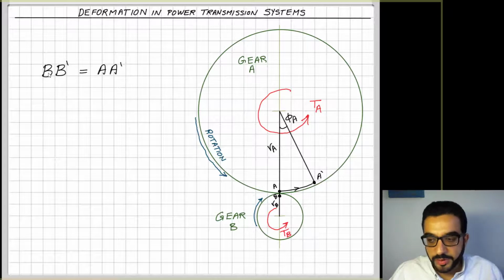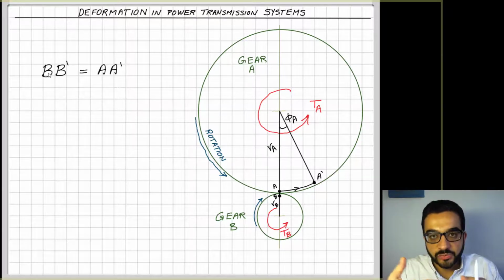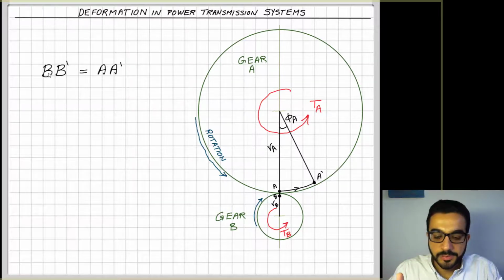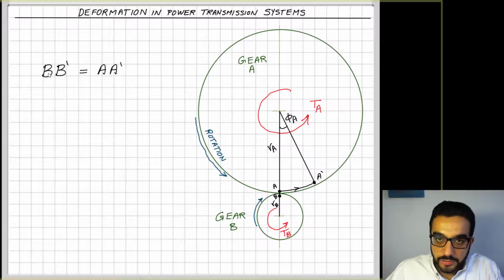So that interaction between the two gears causes the distance traveled by a point on one gear to be equal to the distance traveled by the equivalent point on the other gear. These distances are arcs in the bigger circle of A and also the other circle B. An arc in a circle is equal to the radius times phi.